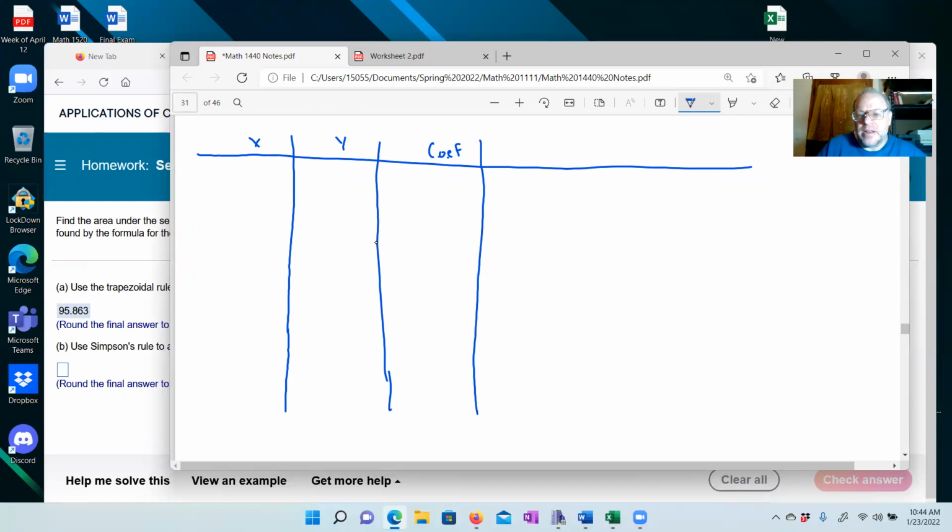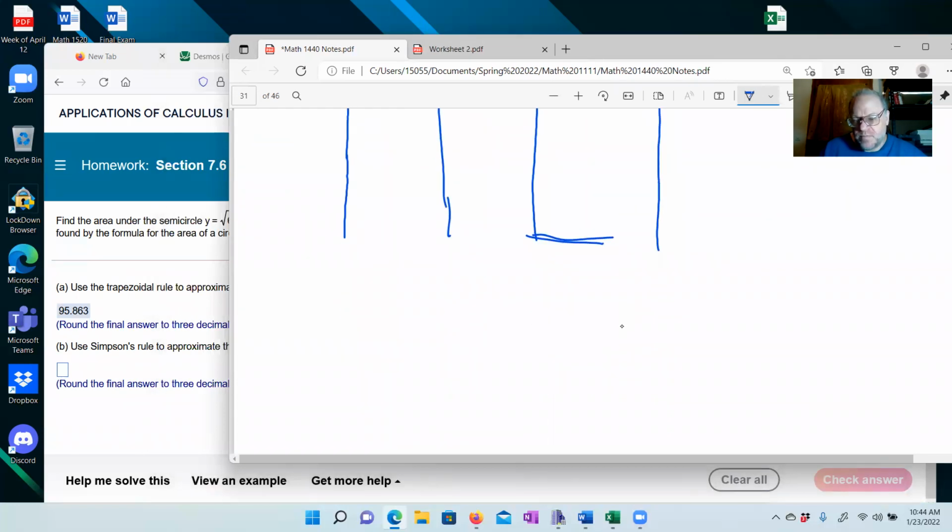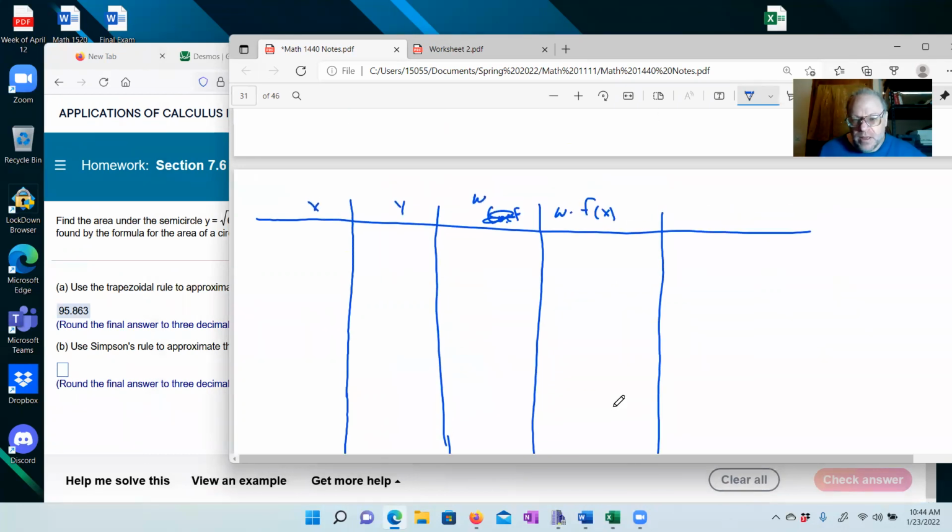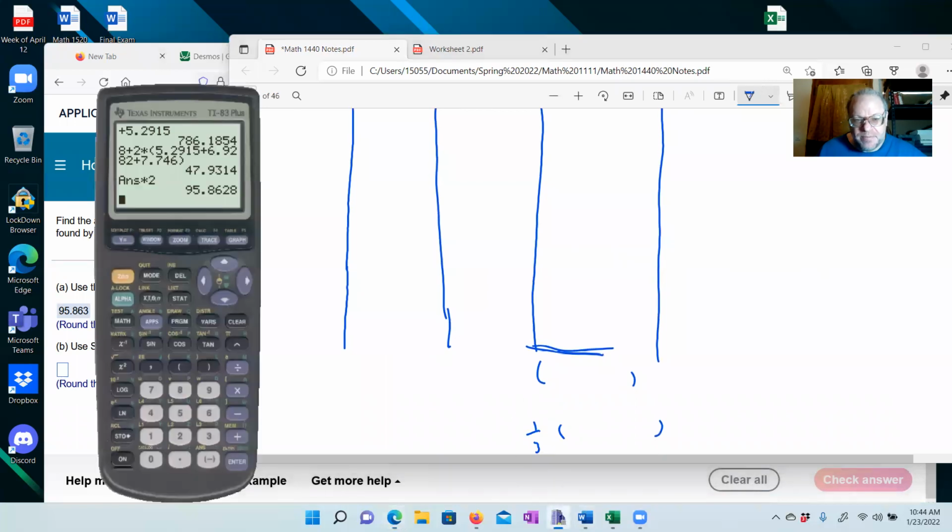I'll just call them weights, W. So we're going to do W times f(x), or y, and when we're done, we add these up. That's the plan. And then we divide by 3. So we'll get a sum, and then 1/3 of whatever we get up here. That'll be our answer.